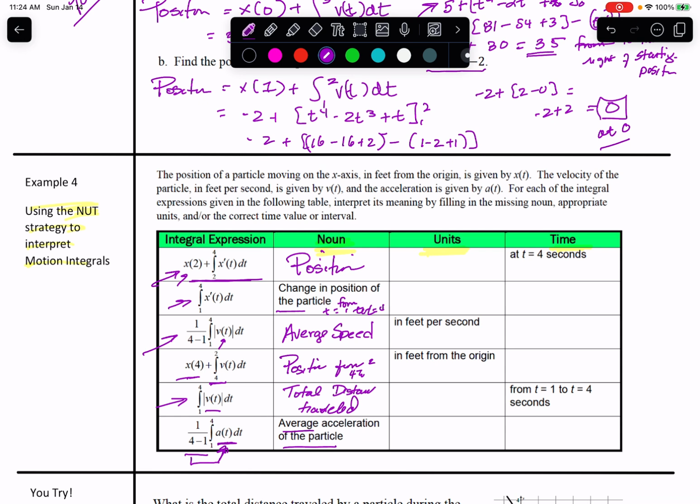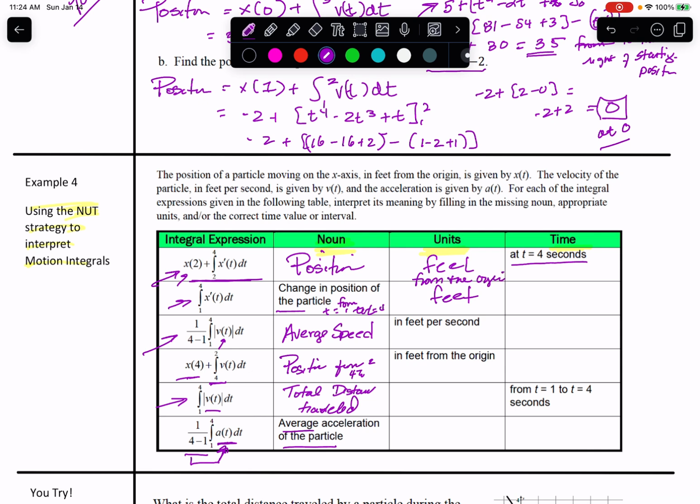So let's talk about units. If I want the position, let's say it would be feet and seconds. So this would be in feet, and at t equals 4 seconds. The change in position would be in feet also. This is feet from the origin.